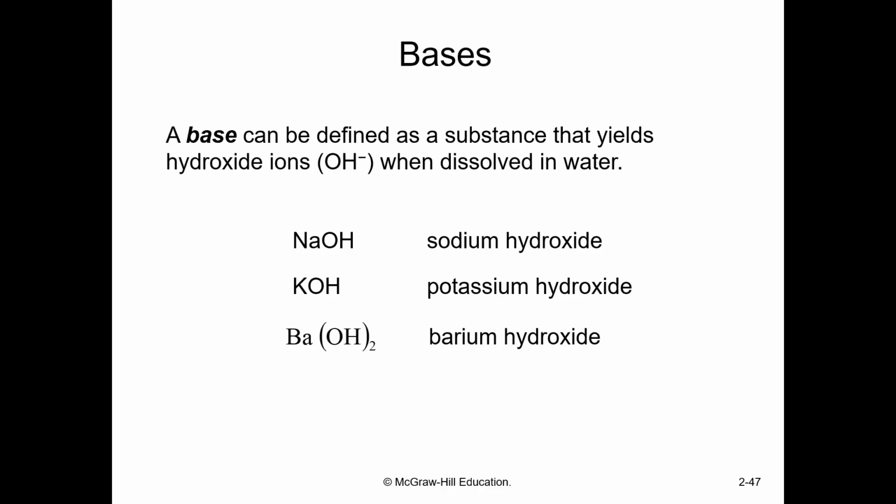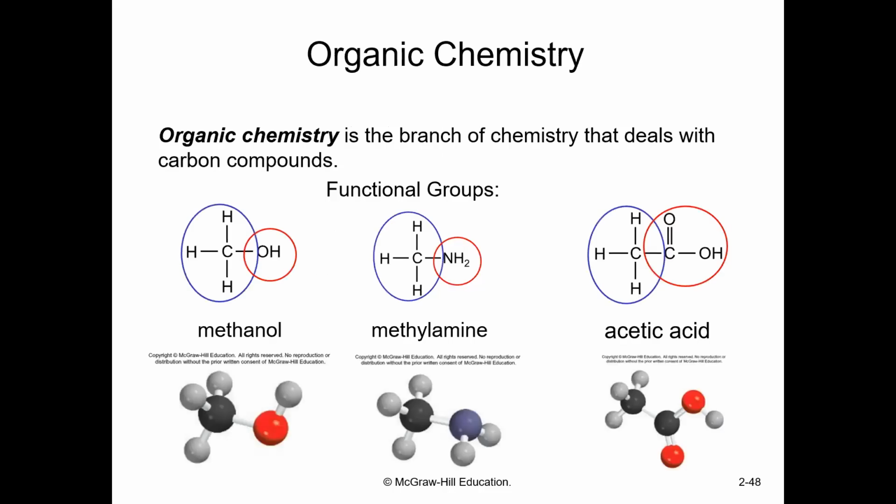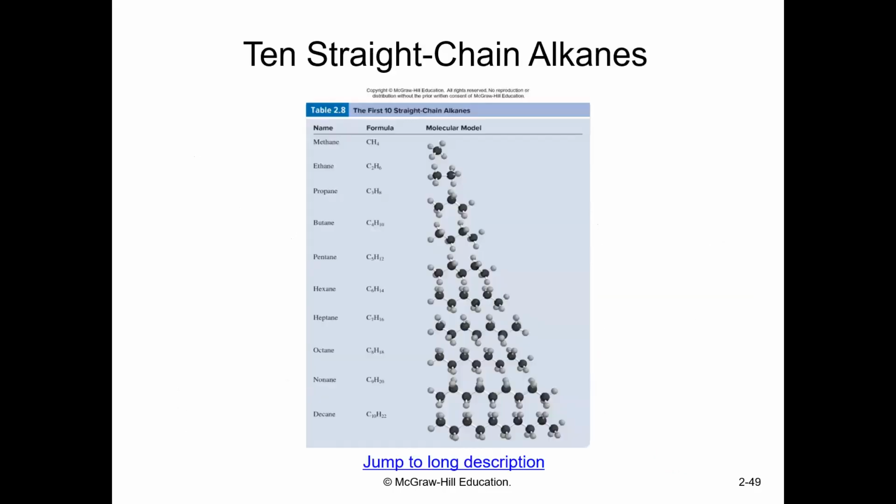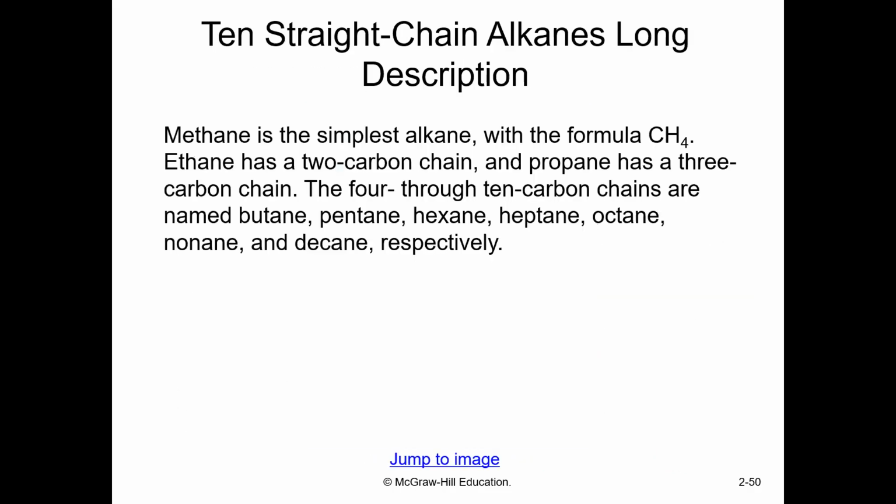Column 1 on the periodic table has soluble hydroxides. We are going to see acetic acid. I left this in here because we do use acetic acid a lot, and that's the only one you need to know on here. We will see methylamine because it's a base. The rest we don't need for this class.